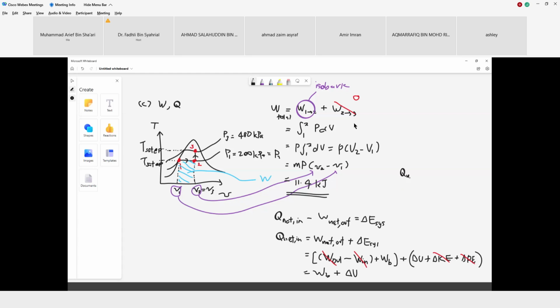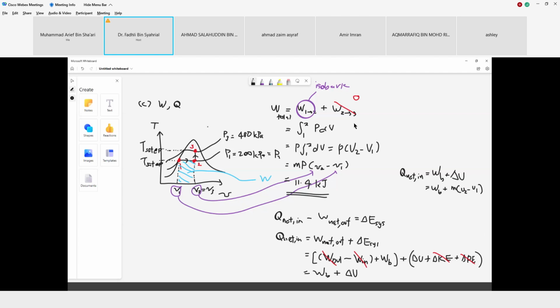So let's continue. Q net in equal to WB plus delta U. Delta U here means m times small u final minus small u1.